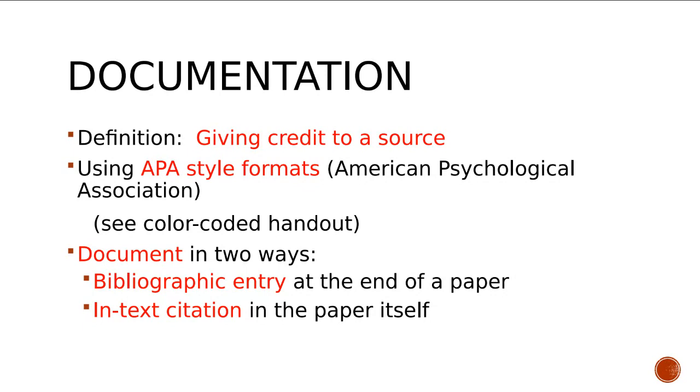My suggestion or recommendation to students is, when in doubt, always document. That keeps you safe, even if it would seem unnecessary, but that's guaranteeing that you're avoiding plagiarism is my suggestion. Does that help answer your question, Alexander?